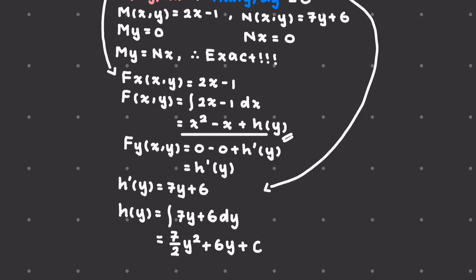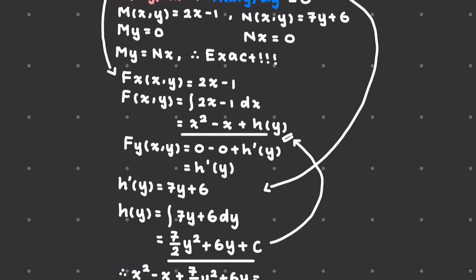And so we have our h(y), and we just need to plug it back in here. That will be our final answer to this exact differential equation. So x squared minus x plus 7/2 y squared plus 6y equals c.